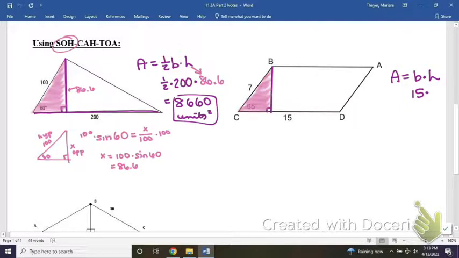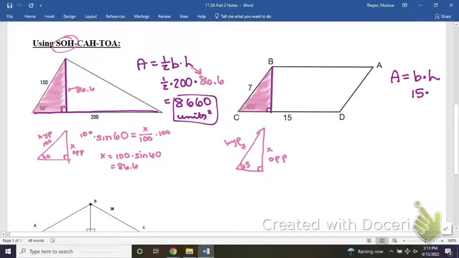We can use that triangle, which I'm going to redraw here. If that's 65, and we have a 90-degree angle or a right triangle, and we're trying to find our height, which I labeled as X, we will also be using opposite over hypotenuse.